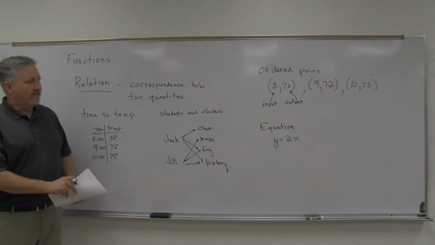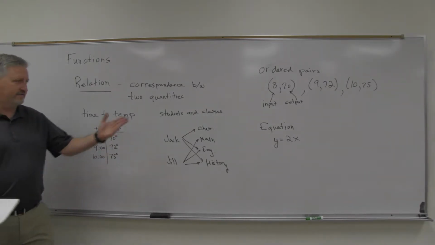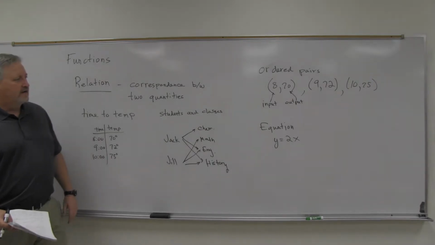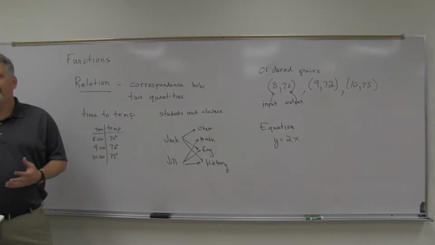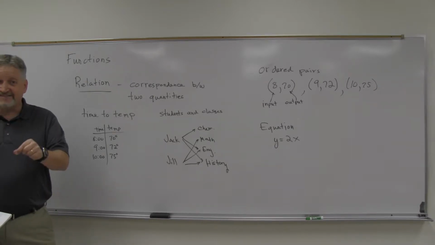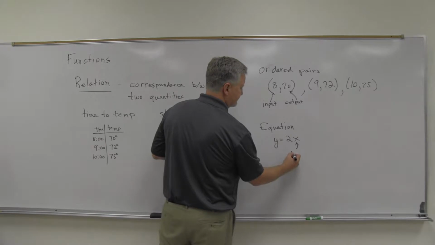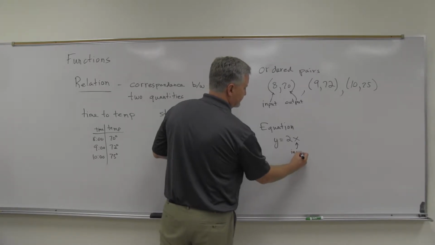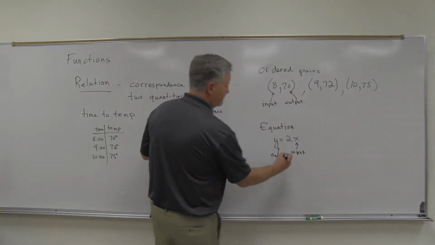And so that would actually explain the relationship among all x's and y's in that particular case, right? And generally speaking, the x's are the inputs, and then the y's are the outputs. General rule of thumb there.